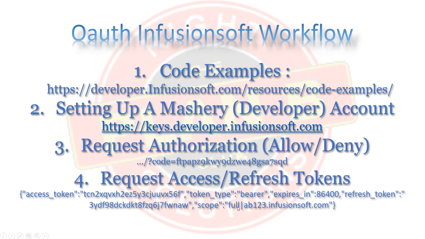Scope is always going to come back as full. Now, the good thing about them using this right now is that it keeps the door open for them to be able to use scope limits. So let's say in that process we started out with the allow deny on the screen, and I log in using my login, and I'm a user who has the user rights of agent, not admin.